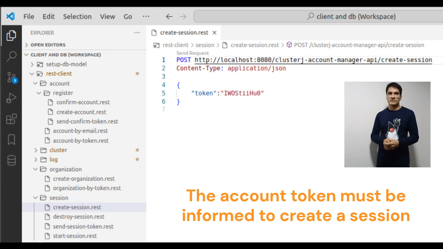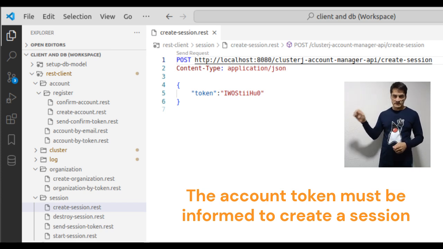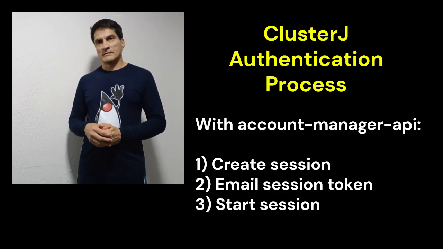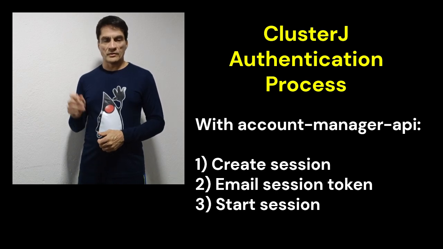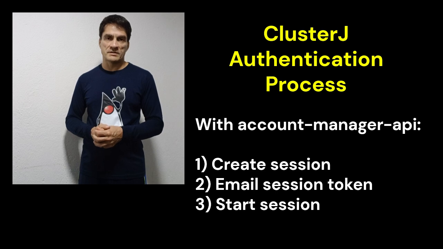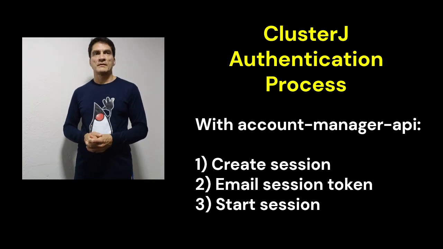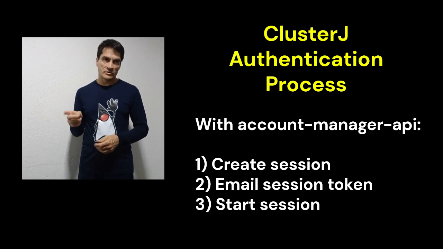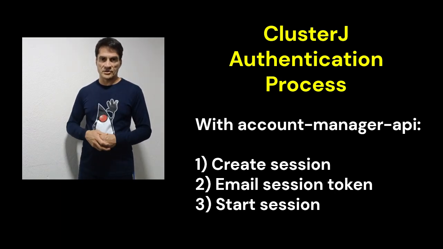Second step is to call an endpoint to send the session token created to the user email. The user then will open his email, will grab the session token sent to him, and will use that token to start the session.